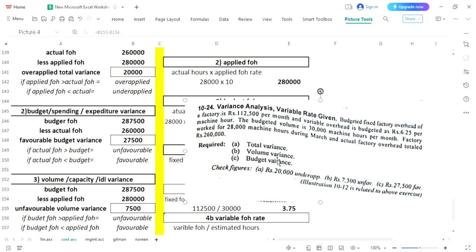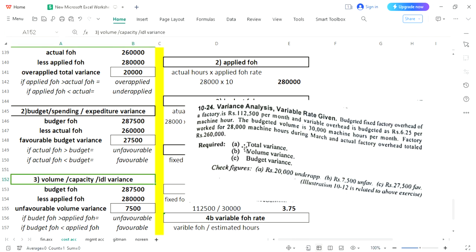At part B they required volume variance, and we have calculated it at number 3. So the part B volume variance answer was 7500, and here you can see we have written 7500. Unfavorable is mentioned over here and unfavorable is mentioned over here as well. It means all three variances are calculated and all three variances' answers are also matched.